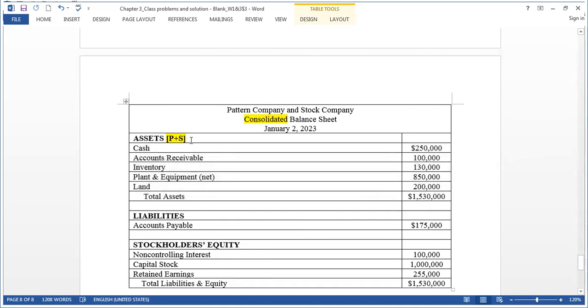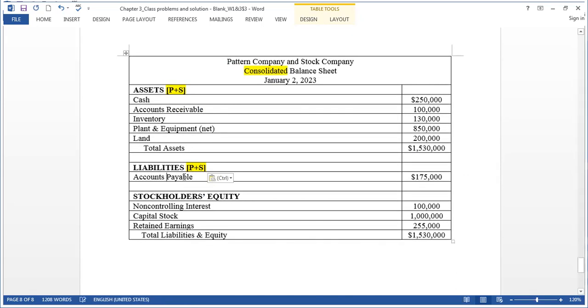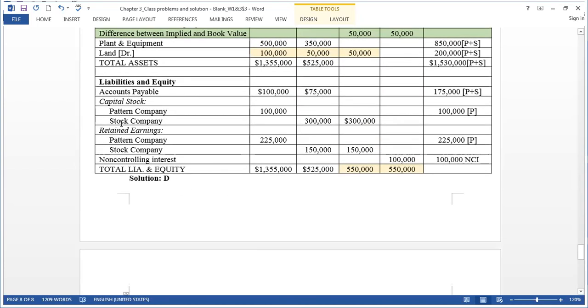Then this liability is also P plus S. We have only one liabilities line. Then we close subsidiary company's equity.